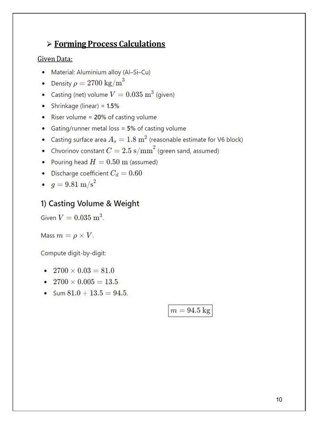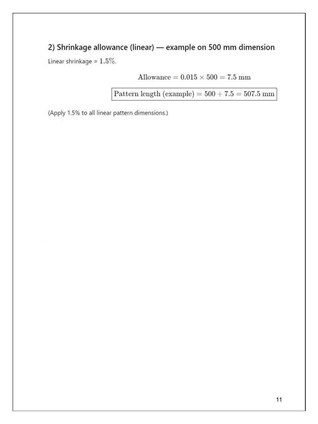First, the casting volume: the given value of V is 0.035. Using the mass formula, rho times V, we get 94.5 kg.